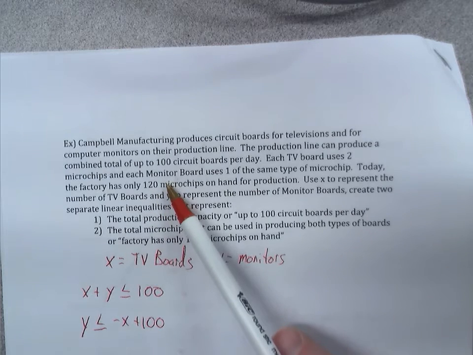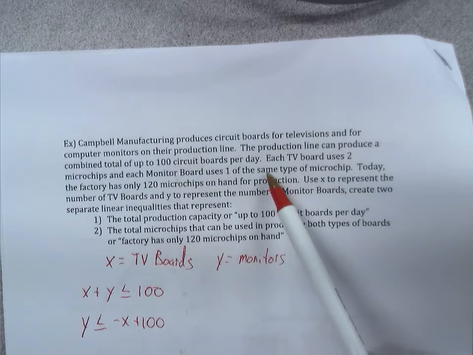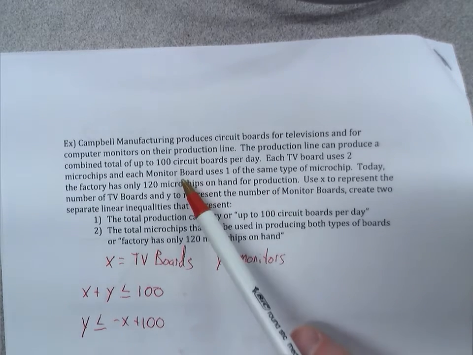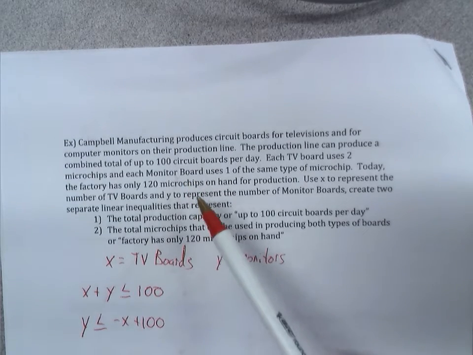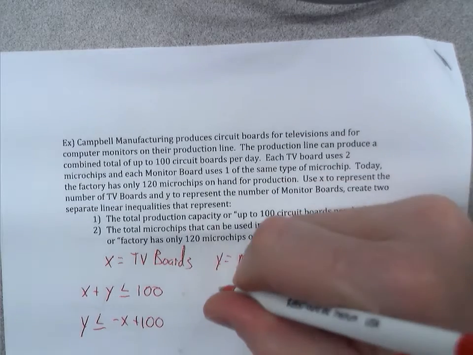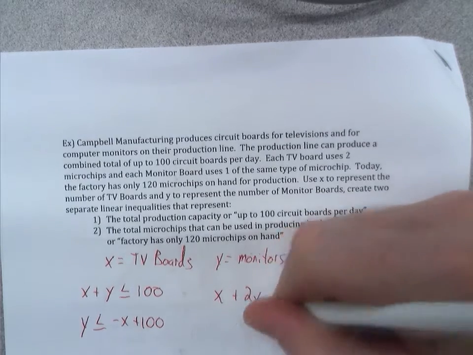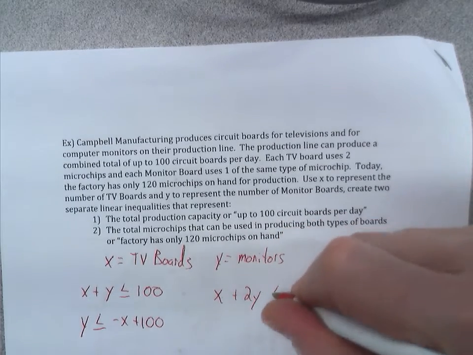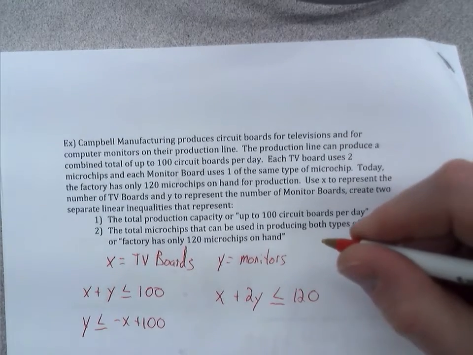So if we want to set up an inequality that shows this relationship, we know that we're going to need essentially double the amount of chips for TV boards than we do for monitors. However, the way this would look as an inequality is going to be x plus 2y is going to be less than or equal to 120.